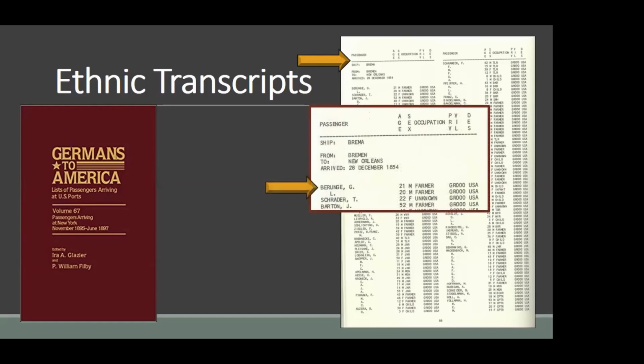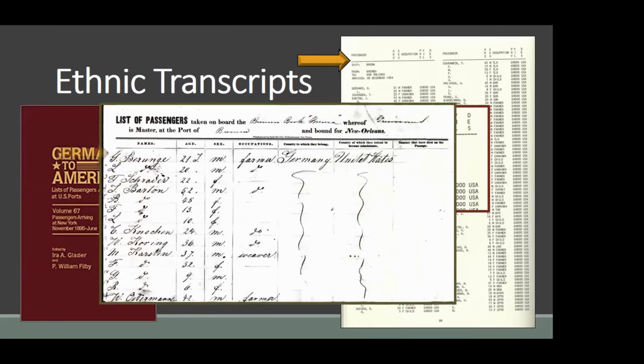Based on the listing of the passengers, we know we can search for this particular ship, this date, and we can then find this particular individual on the actual passenger list just by searching for his name in this book. This becomes very helpful because of the variant spellings, because we're talking about that time period where the ship captain assigned someone to write down those names. So we can quickly browse through these volumes for the variant spellings.